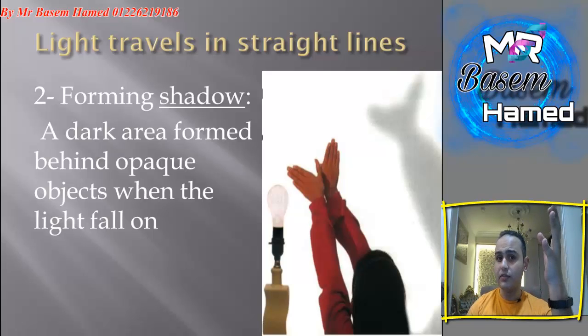The second activity is the formation of the shadow. What is the shadow first? Shadow is the dark area formed behind an opaque object when light falls on it. When you move in the light, you can see your shadow on the wall, as your body is an opaque object that light can't pass through.